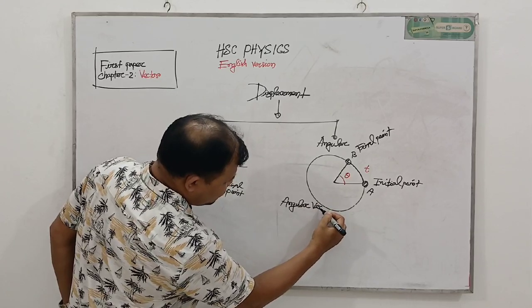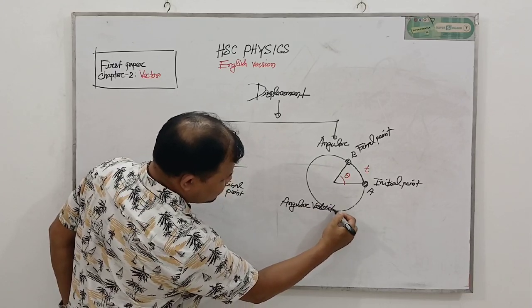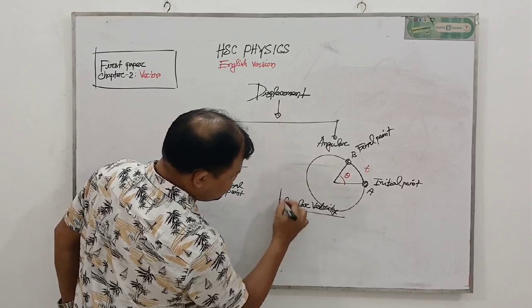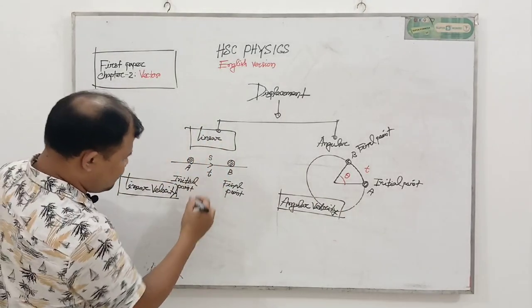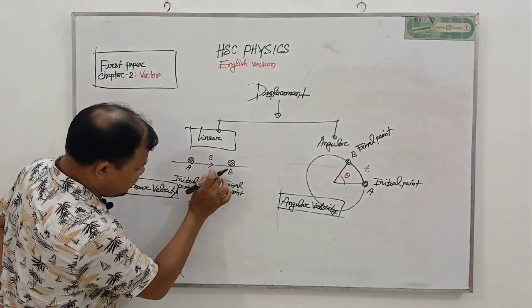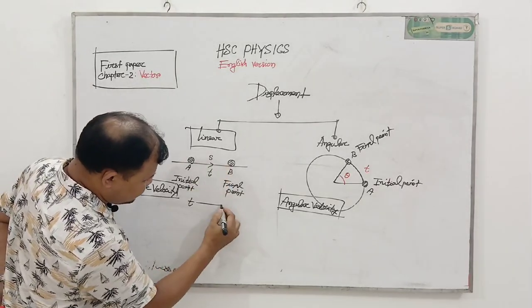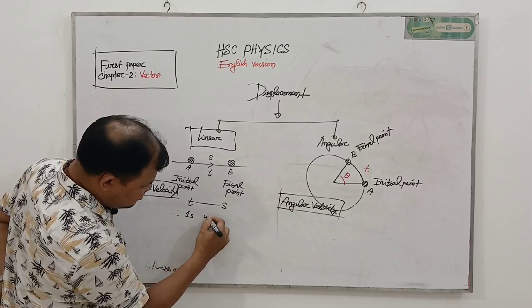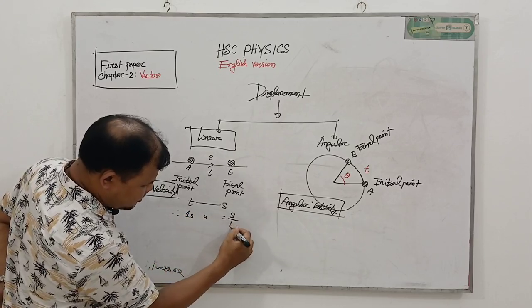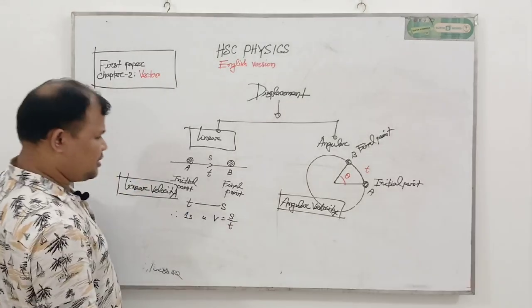So velocity is also of two types: one is linear and another is angular. Suppose for time t the linear displacement is s. For 1 second, the linear displacement will be s divided by t. This is called linear velocity.